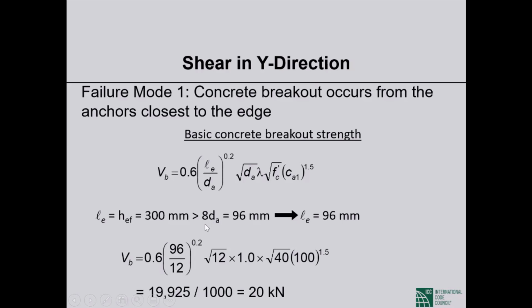L sub E is 96 millimeters. So V sub B is 0.6 times L sub E of 96 divided by D sub A of 12, raised to the power 0.2, times square root of D sub A of 12, lambda is 1, square root of 40, C sub A1 of 100 raised to the power 1.5. All of that gives us 20 kilonewtons of basic concrete breakout strength, 20 kilonewtons nominal value.